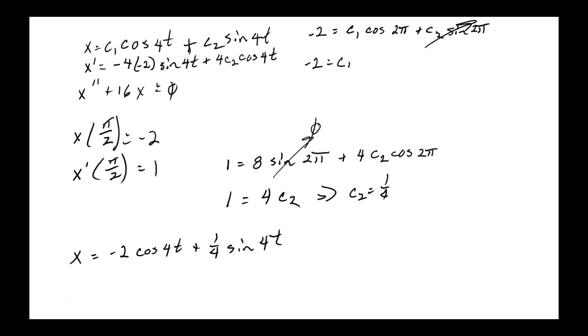With this one, it just happened that when you plugged in pi halves for t, the sine of 2 pi is going to go to 0, so you're left with just solving for the other. But sometimes it will be a little more involved, but still you get two solutions. And that is the one and only, I want to say, is still, they say, a solution. X equals minus 2 cosine 4t plus 1/4 sine 4t is a solution for equation 4, which is the one we had at the beginning.